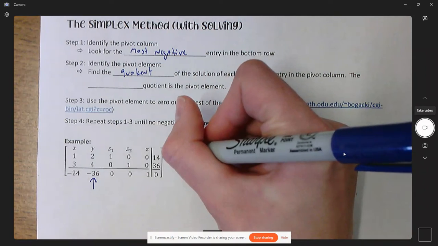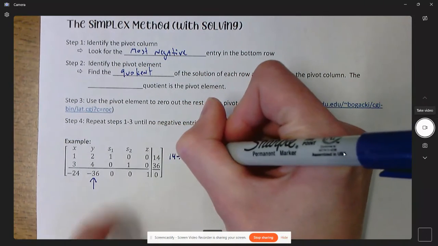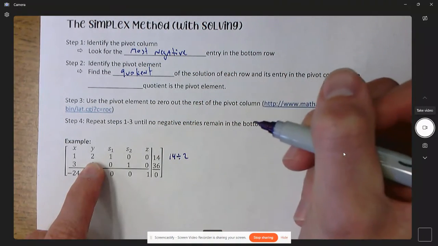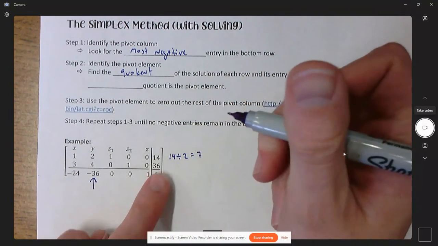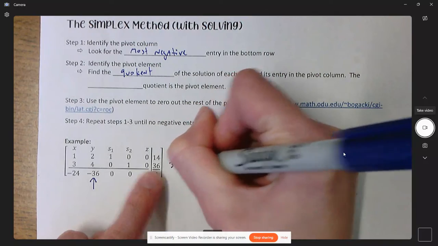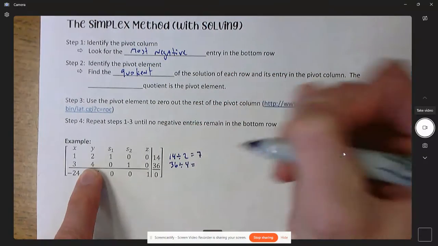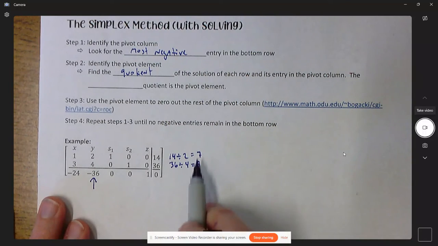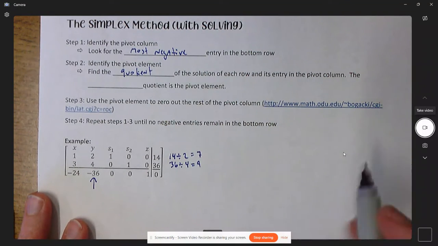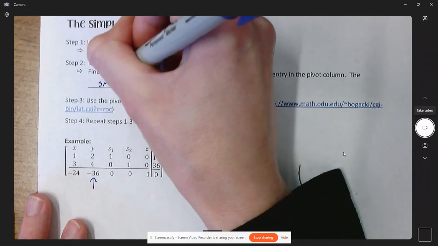So for this top row, it's going to be 14 divided by 2 because that's the number in that pivot column. So 14 divided by 2 is 7. And then for this one, we're going to do 36 divided by 4 because that's the number in its column, which is 9.